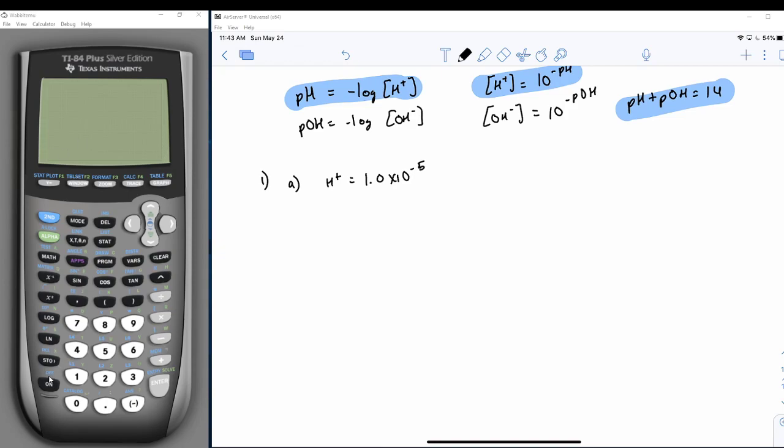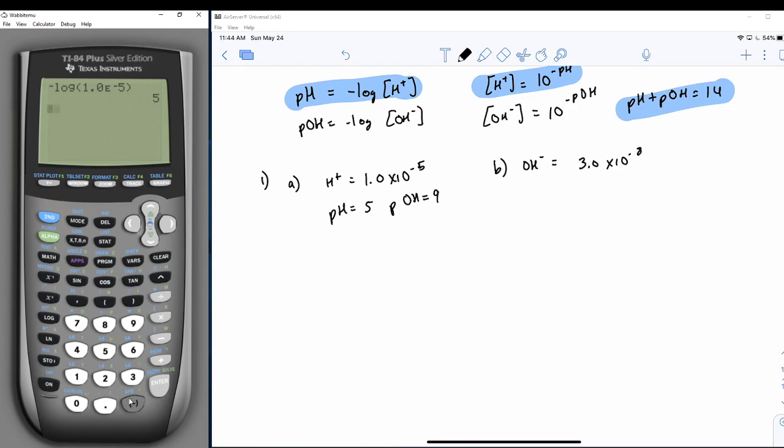Just to review, typing in your calculator, you want to type negative, not subtract, but negative log of 1.0 second comma E to the negative 5. And so you get 5 here for your pH, which means your pOH will be 9 because it adds up to 14. B, your OH concentration is equal to 3.0 times 10 to the negative 8.